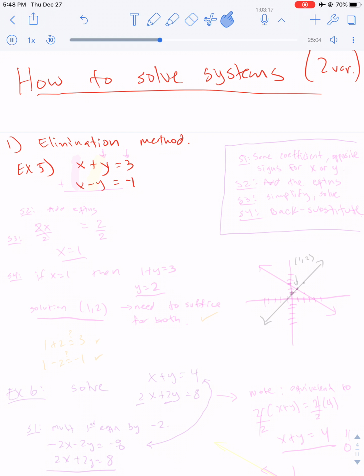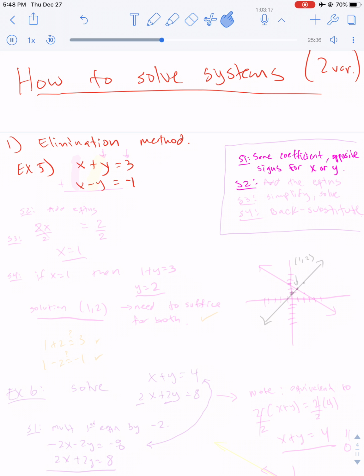So when I would teach this, I always like to put this in steps. Step 1, well, the purpose is to solve for one variable, so you need to have the same coefficient, opposite signs for x or y.